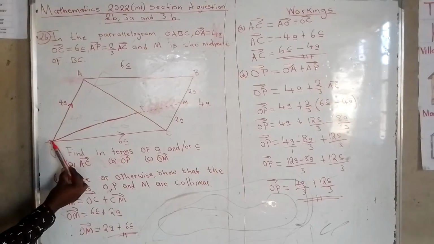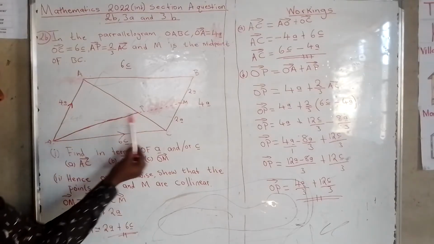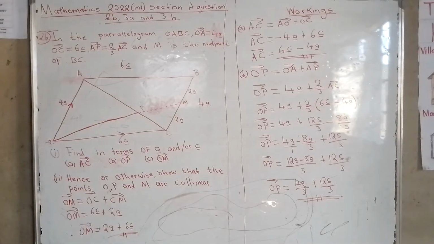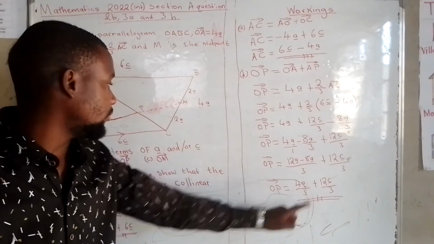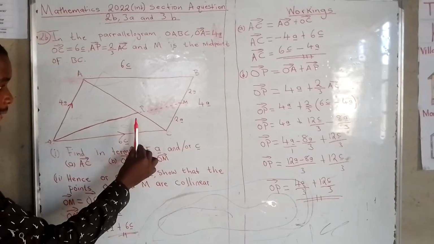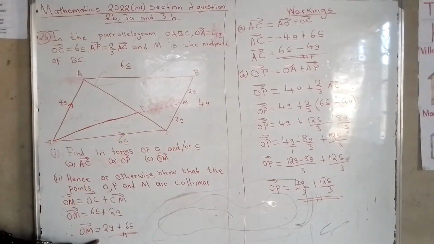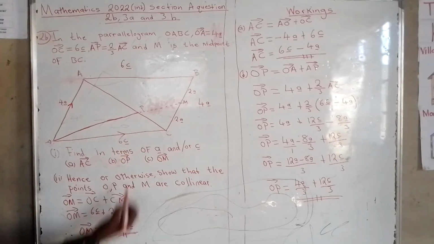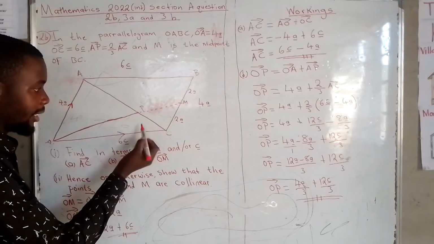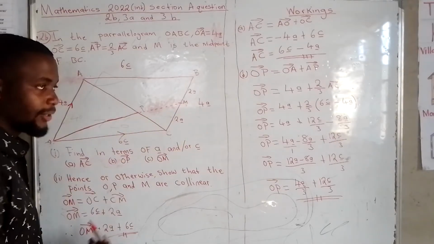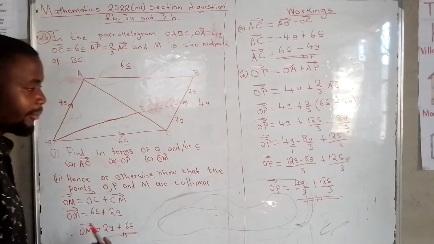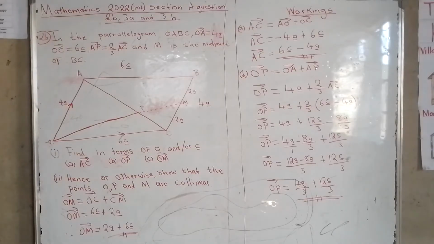For example, from here up to here, which is OP, I've already found OP. OM I've found, which is here. So the only thing that I don't have is the line from here up to here, which is PM.